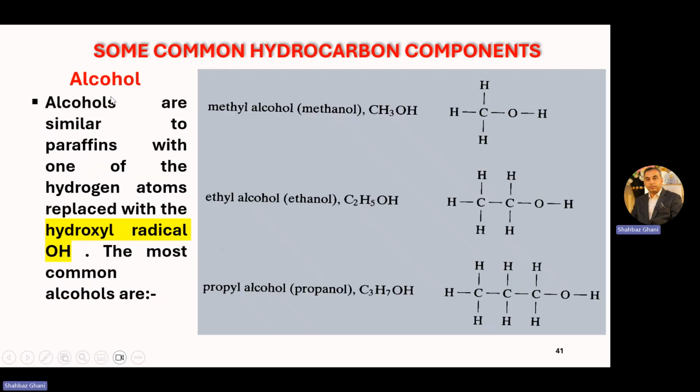Another common hydrocarbon is alcohol. Alcohol is similar to paraffins, with one of the hydrogen atoms replaced with the hydroxyl radical OH. The most common alcohols are methyl alcohol or methanol, CH3OH, in which a carbon has 3 hydrogens, then oxygen and the OH radical.